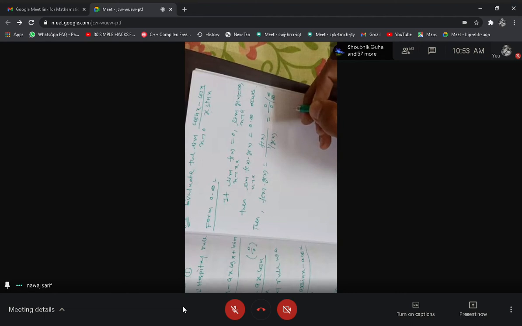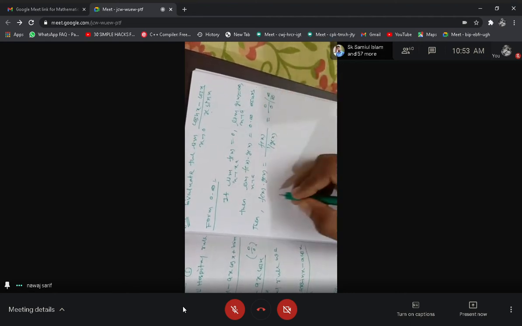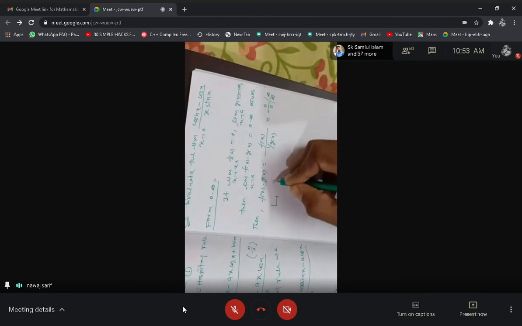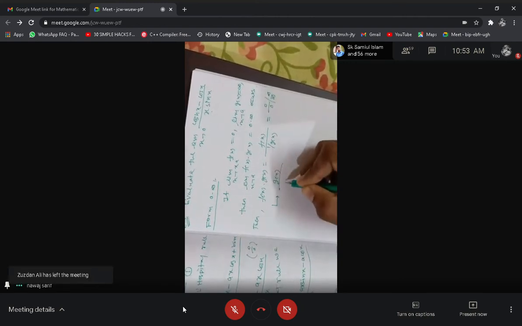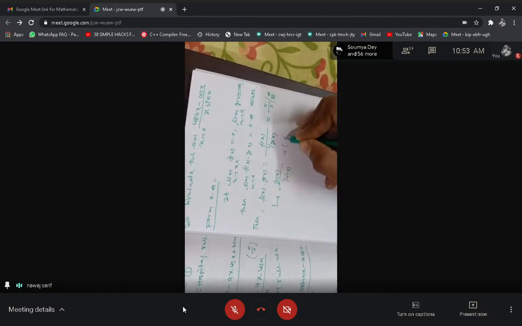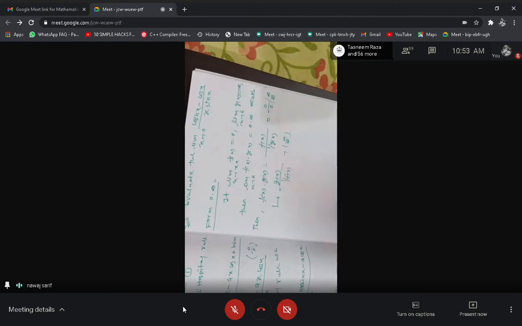Okay, if you write this one as g(x) upon 1 by f(x), then what will be the limit? This is the infinity by infinity case. Okay, so that means your 0 into infinity form is nothing but your 0 by 0 form or infinity by infinity form.